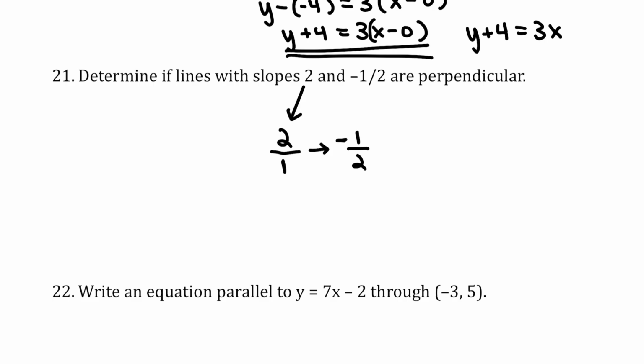So if you flip the fraction and change the sign, and it's the same thing as the second option they're giving you, then it is perpendicular. So -1/2 that we ended up getting is the same as -1/2.